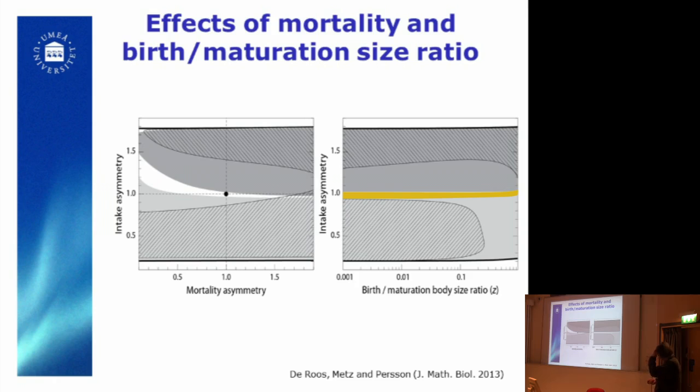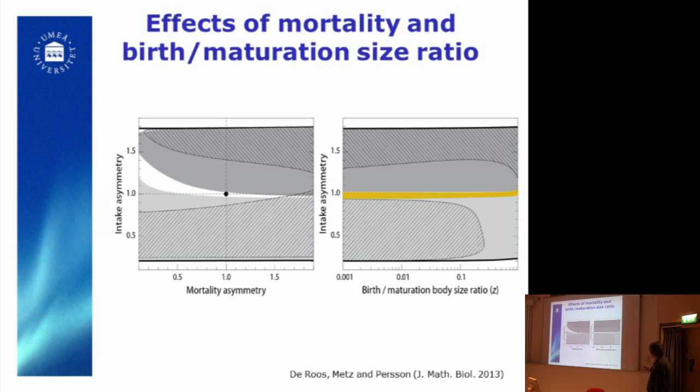also. If we look at the other effect, the mortality asymmetry, once again with intake asymmetry at 1, we see basically the same thing over most of the parameter space. We have some type of cycle or some type of overcompensation, either in adults or in juveniles.